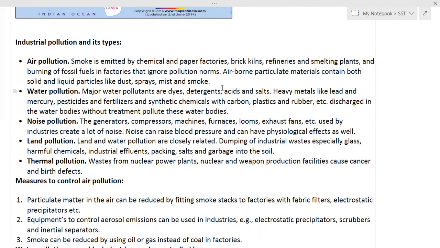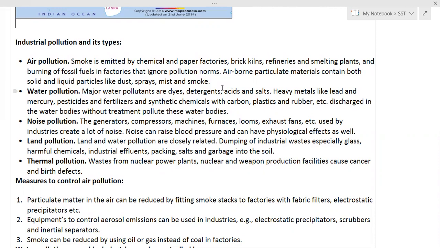Water pollution is mainly caused by chemical industries, but also by dyes and detergents, acids, heavy metals like lead and mercury, pesticides, synthetic chemicals, plastic and rubber, discharged into water bodies without treatment.